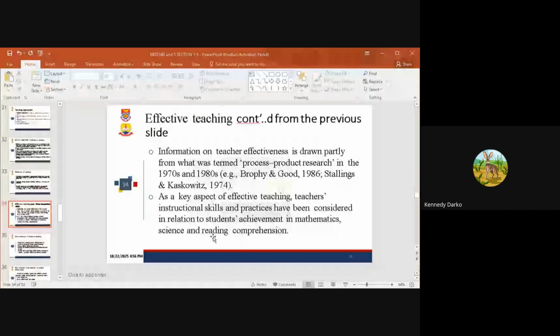As a key aspect of effective teaching, teachers' instructional skills and practices have been considered in relation to students' achievement in mathematics, science, and reading comprehension. Based on the research of these people I have mentioned, teachers' effectiveness helps students achieve greater heights in mathematics, science, and reading comprehension.